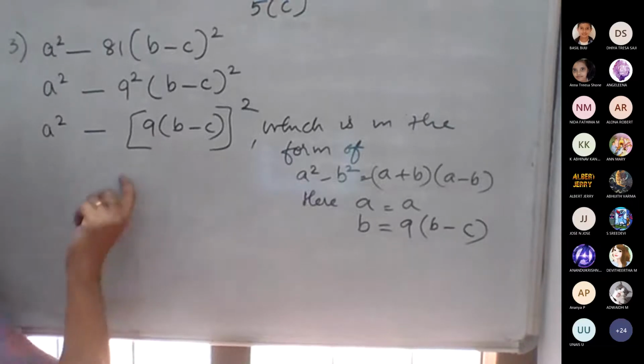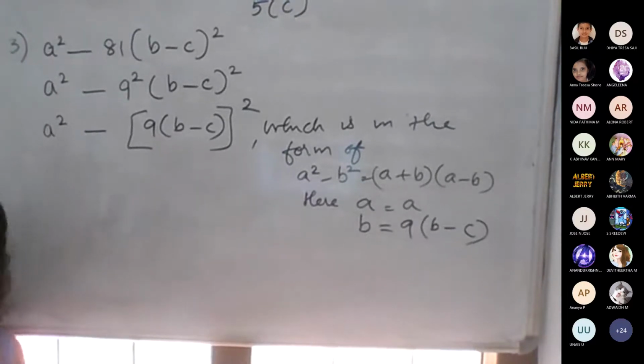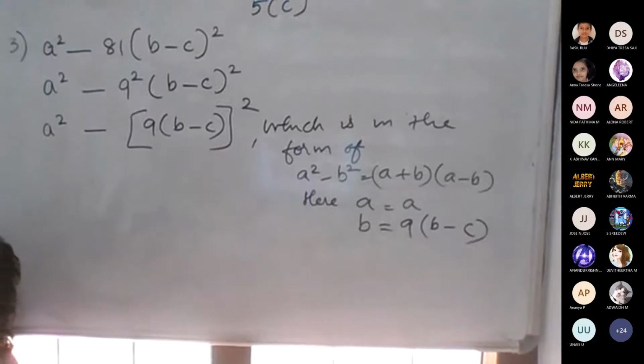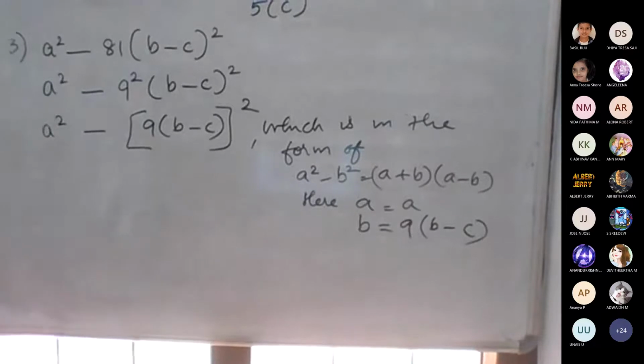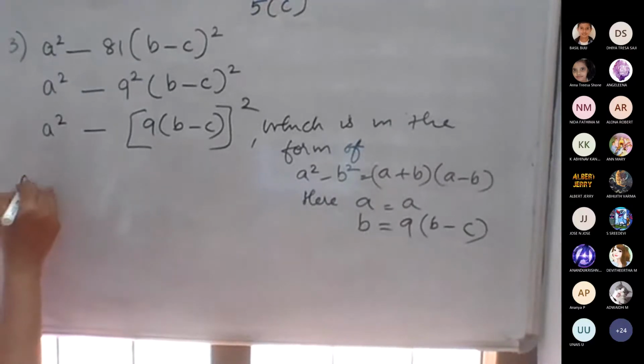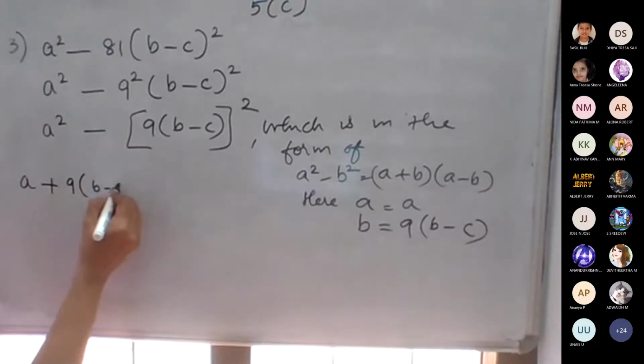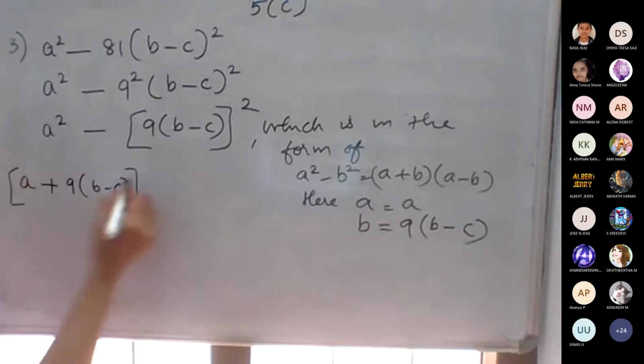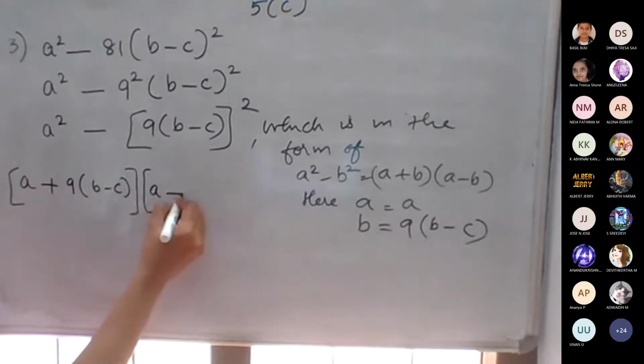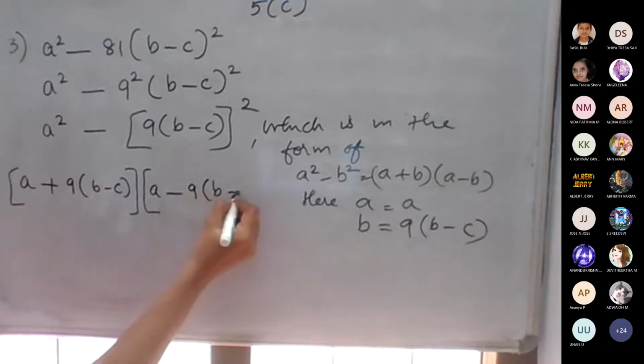After writing, tell me what I have to write here. A plus b, so b means 9 into (b minus c), into a minus b, 9 into (b minus c).